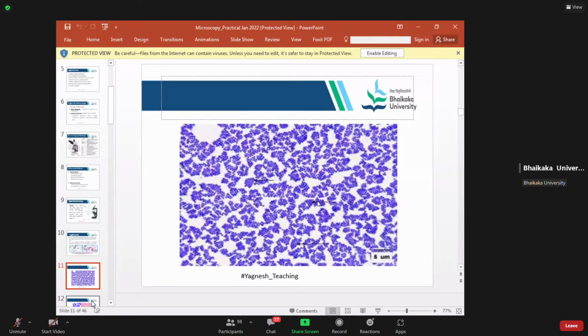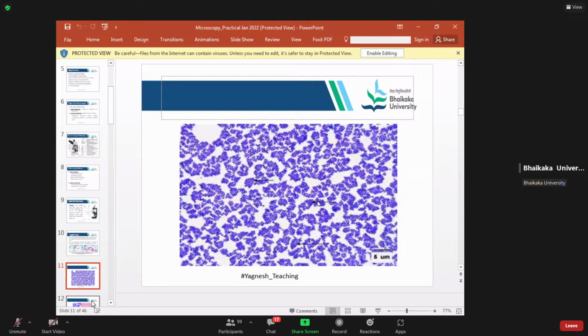See the next slide. Here I have kept two slides to compare with each other. On the left side, you see the cells are violet in color, gram positive cocci in clusters. On the other side, gram negative bacilli are seen.